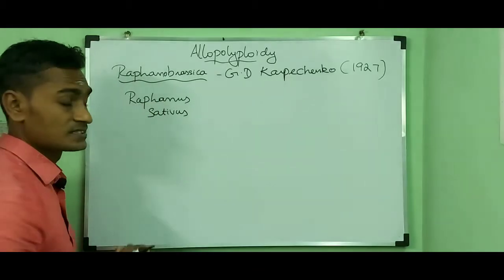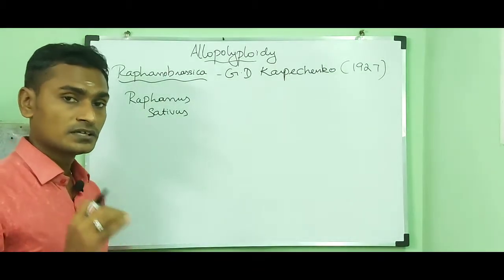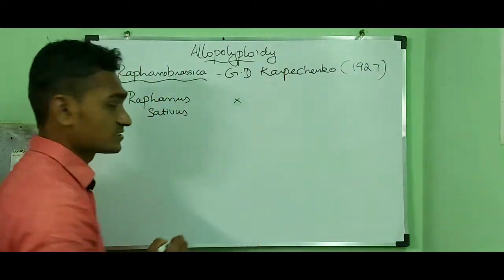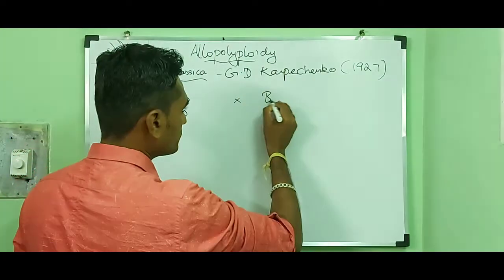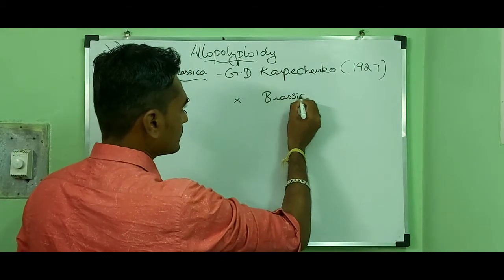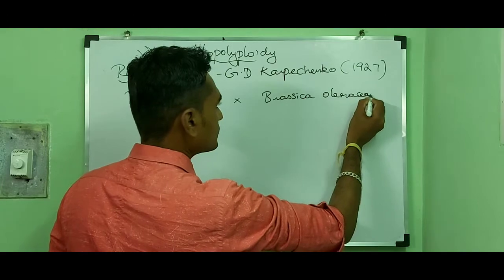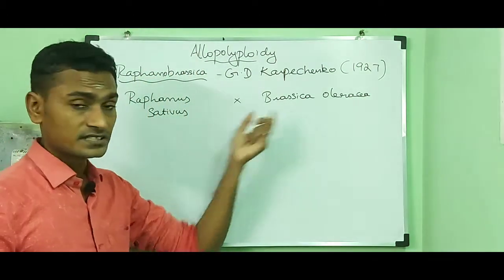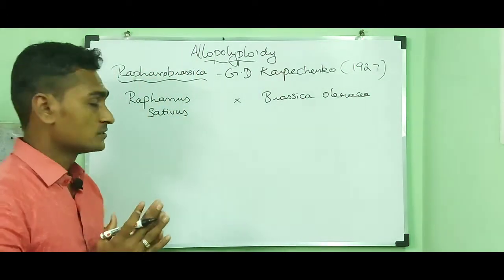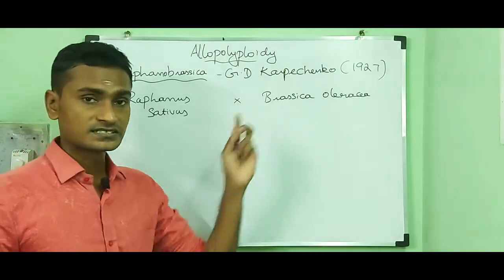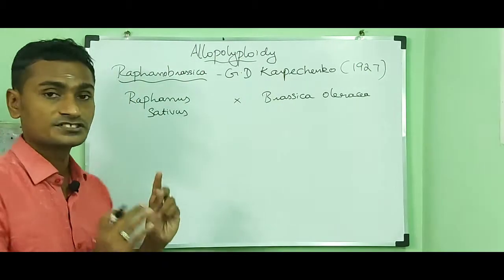Raphanus sativus is the scientific name for radish. Brassica oleracea is the scientific name for cabbage. He made a cross between Raphanus sativus and Brassica oleracea, and both of them are diploid in nature.